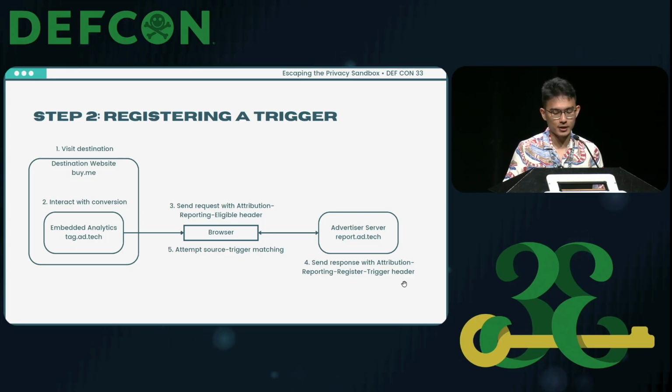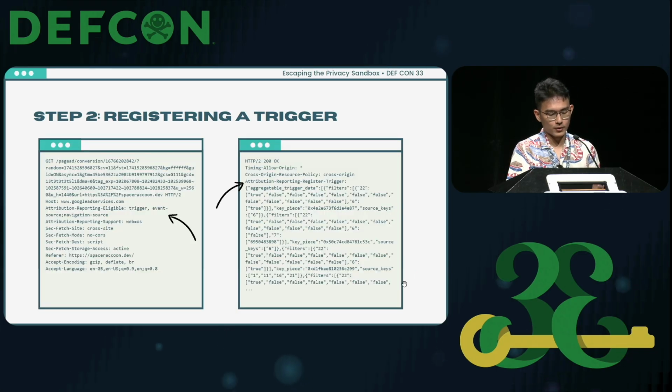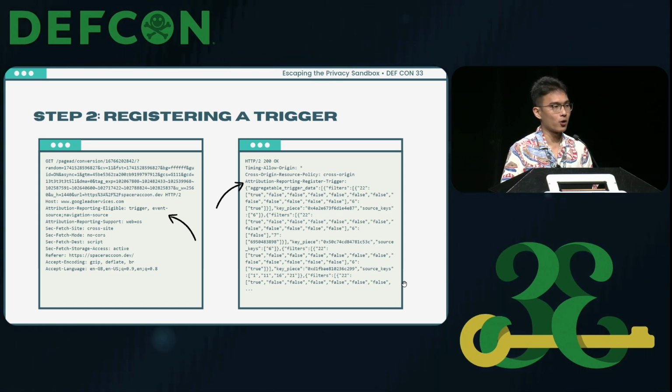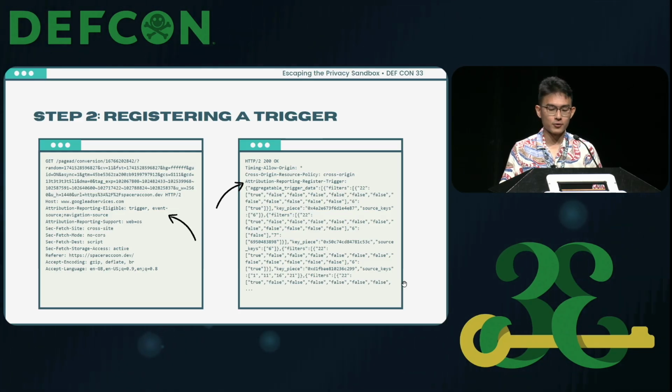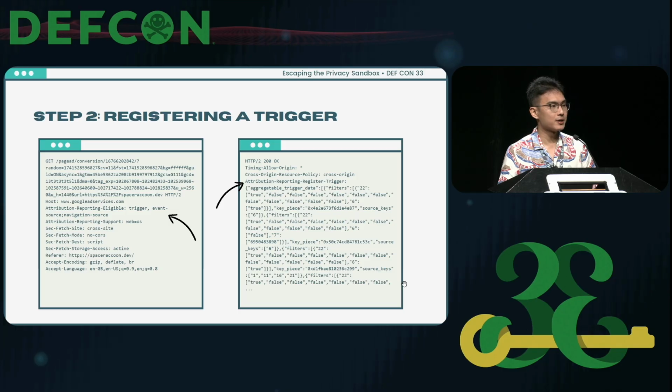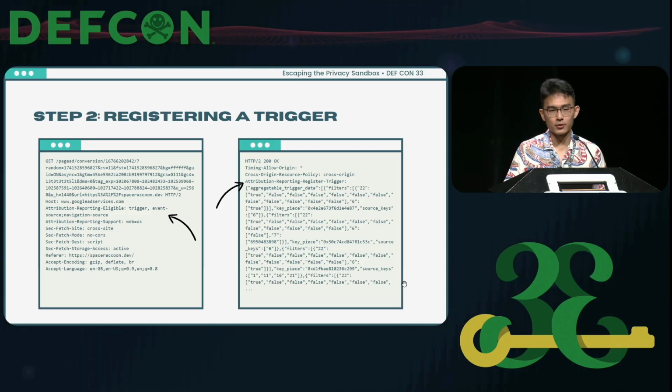And this will then trigger source trigger matching. So this is what the requests look like. On the left, you have some sort of trigger where you maybe bought a product, and the Google ad server is going to respond with some of this header data. You may notice, for example, some filters that are used to, again, characterize what kind of purchase you made that may then be used to calculate a conversion.